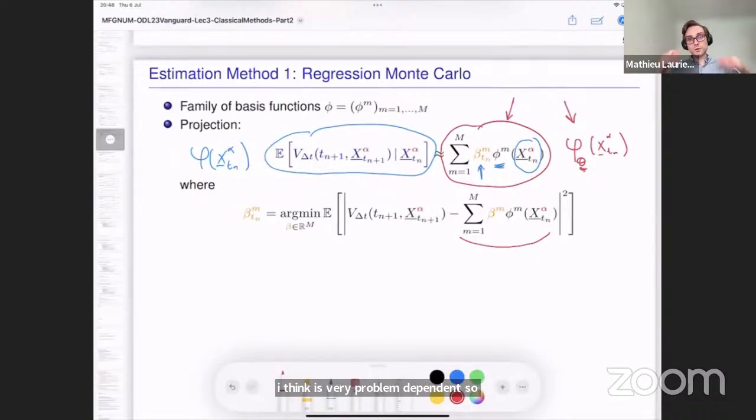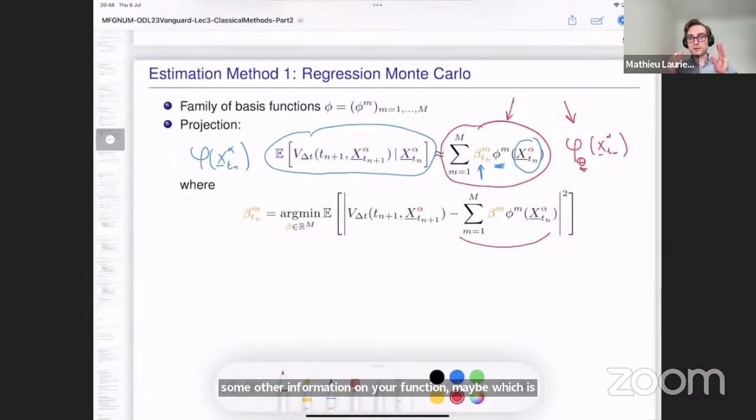The idea is you want your L2 projection to be good, to be accurate, but of course it depends on the function you are trying to approximate. If you know something about the function, for example, that it is close to a polynomial of degree 2, maybe you are going to use polynomials. But if you have some other information on your function, maybe you choose your set of basis functions differently.